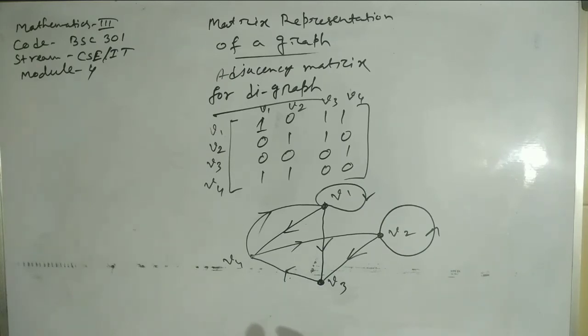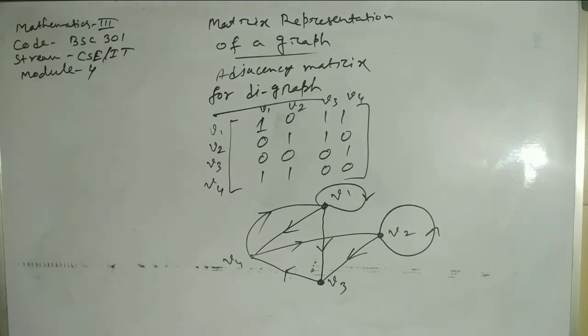So in the previous video and in this video, I have discussed all about the matrix representation of a graph and a digraph, and the 2 types of matrix representations are adjacency matrix and incidence matrix.